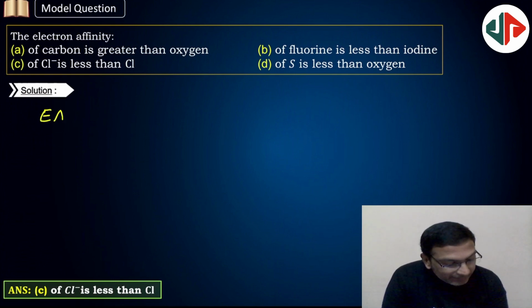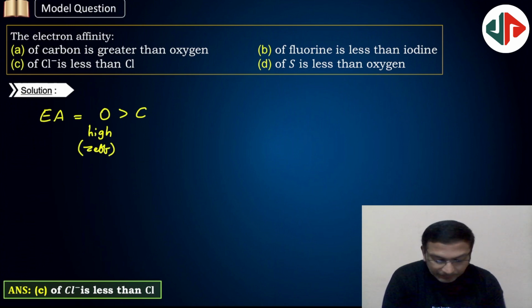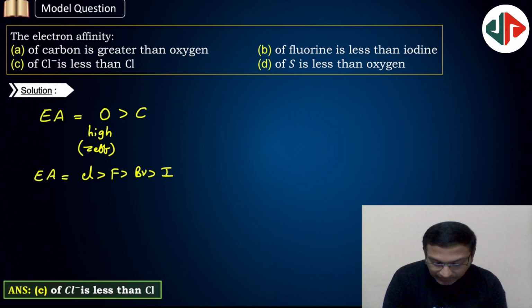So electron affinity of oxygen is greater than carbon, due to high Z effective in case of oxygen. We know this. Next, electron affinity of halogens Cl, F, Br and I. This is for halogens.